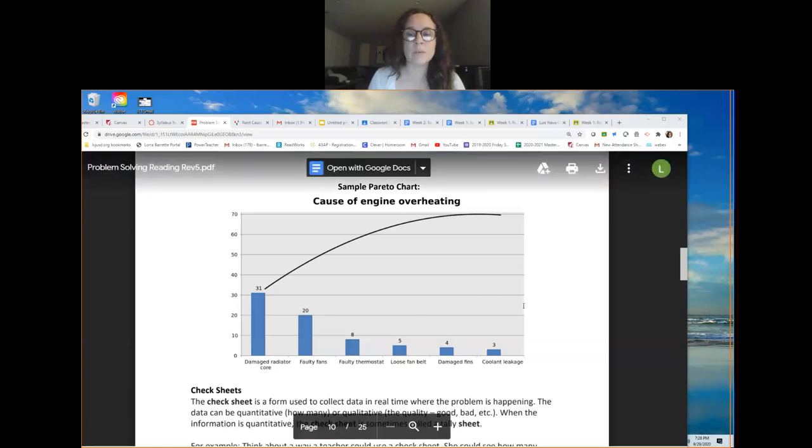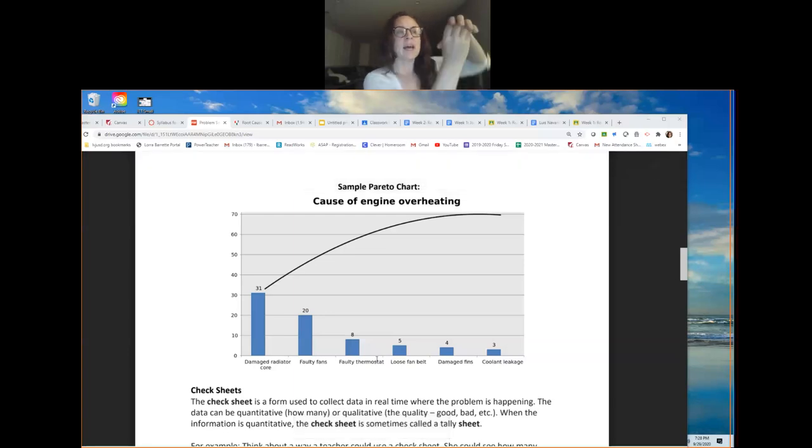The next one is faulty thermostat. That's the little thing that says cold, hot, cold, hot. But if your thermostat is broken, it says cold the whole time, even if it's really, really hot. So the person operating the car thinks, oh, the engine's cold, when really it's very hot.